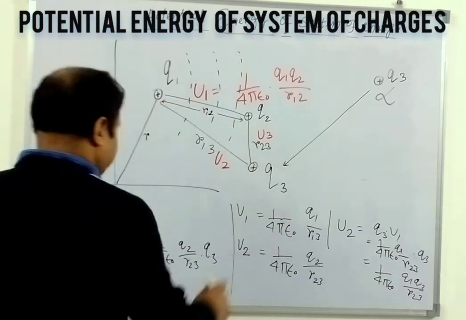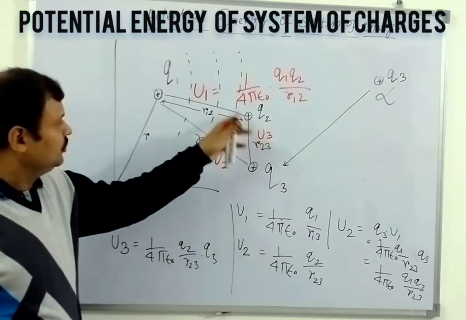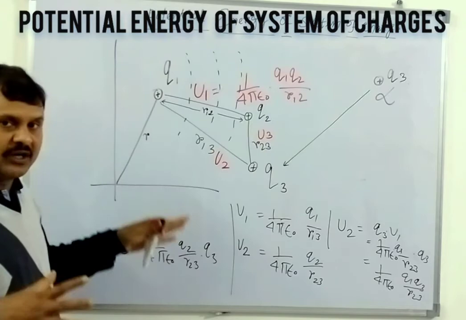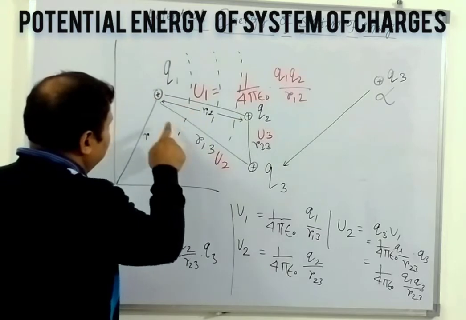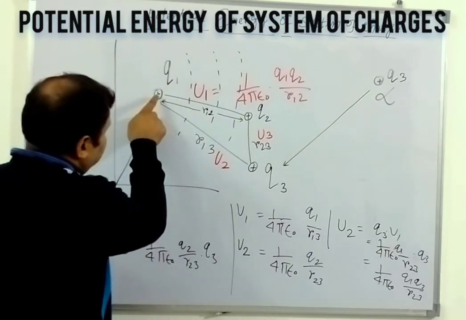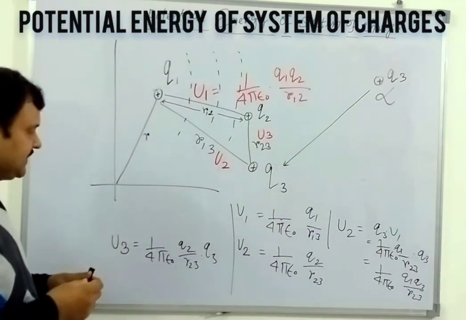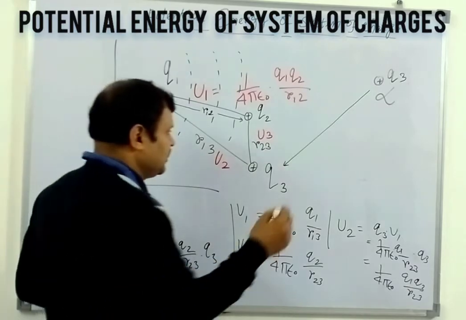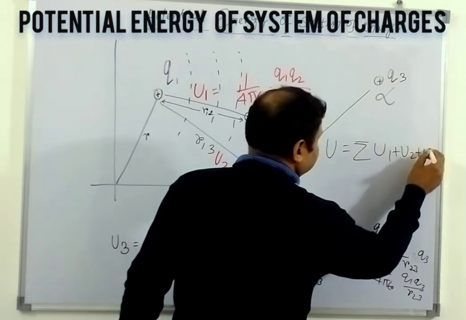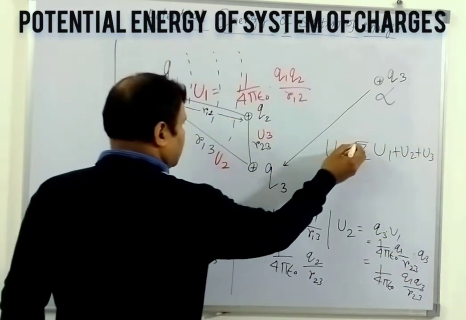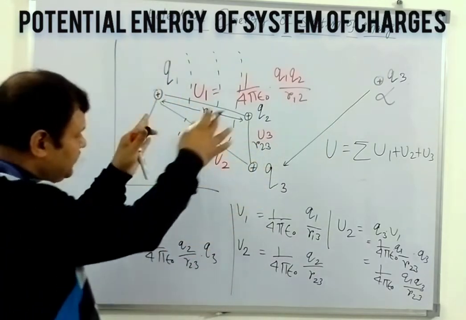So in a 3-point charge system, you will get the total amount of U1, U2 and U3, the total work needed to get this configuration, having the distance R12 between Q1 and Q2, R13 between Q1 and Q3, and R23 between Q2 and Q3. The total potential energy U will be the sum of U1 plus U2 plus U3, the total internal energy stored to bring these charges together in this configuration.